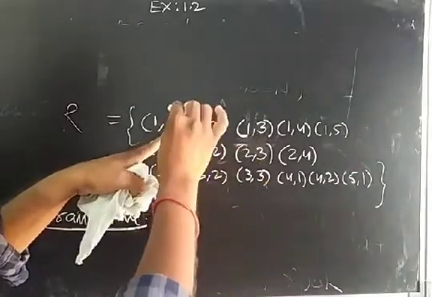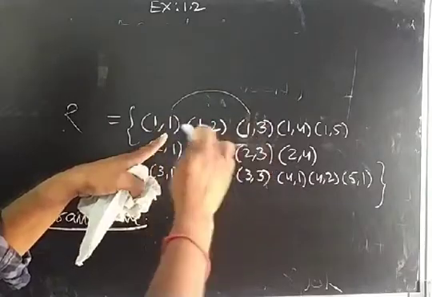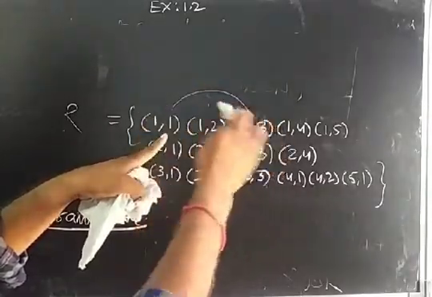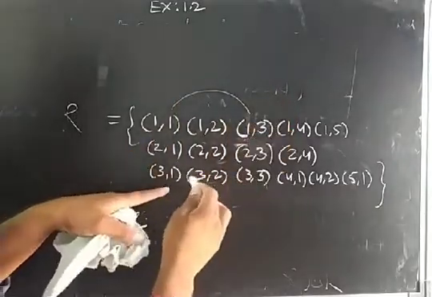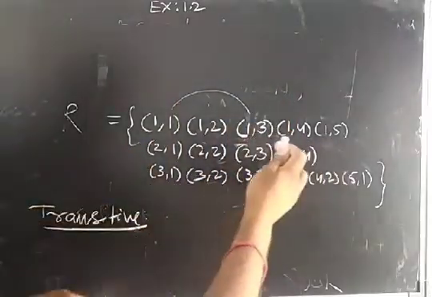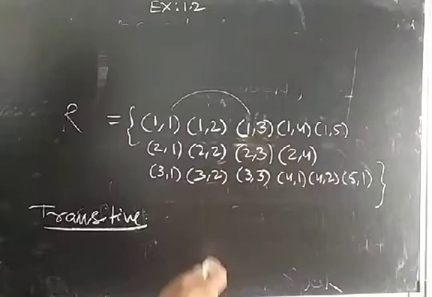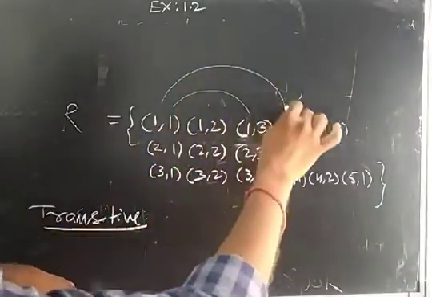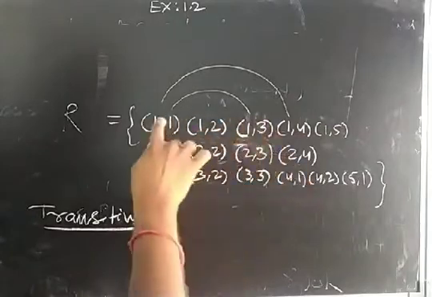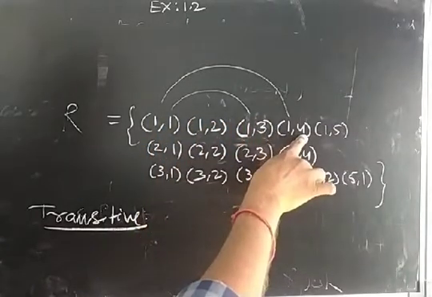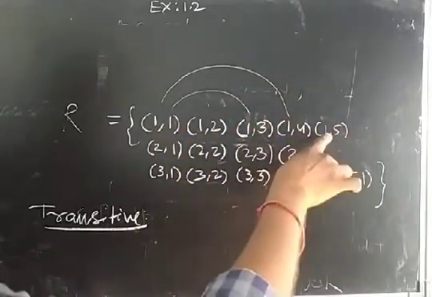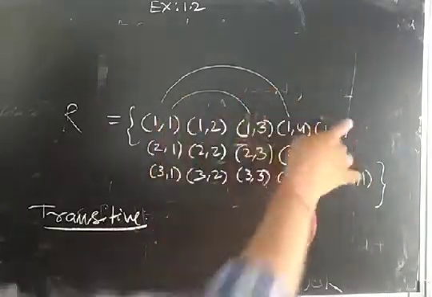I will check for these two ordered pairs. Now construct a new ordered pair using this element and this element. 1 comma 3 exists here already. Next, by taking this one and this one, by removing 1 and 1, 1 comma 4, yes, exists. Next, by taking 1 comma 1, 1 comma 5, remove 1 and 1, 1 comma 5 exists.